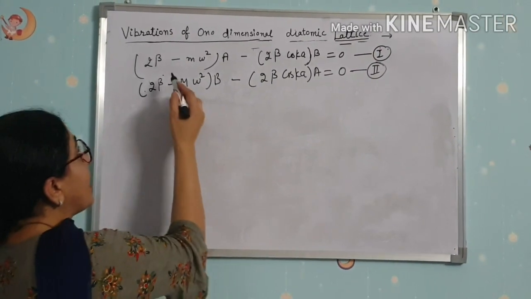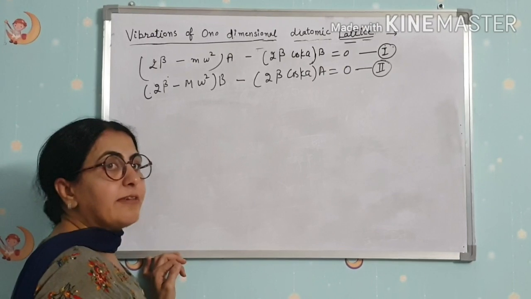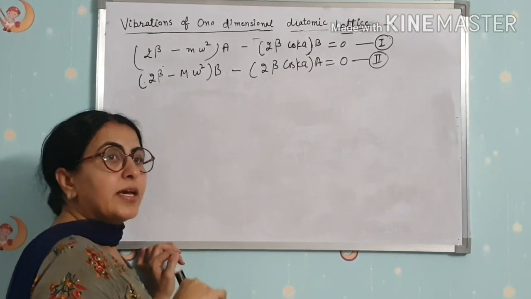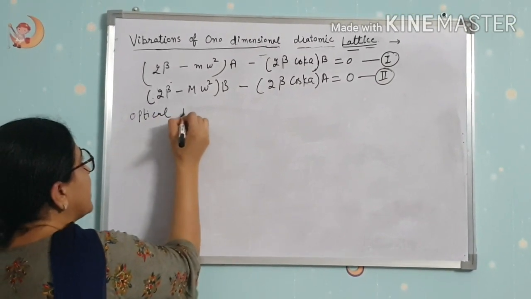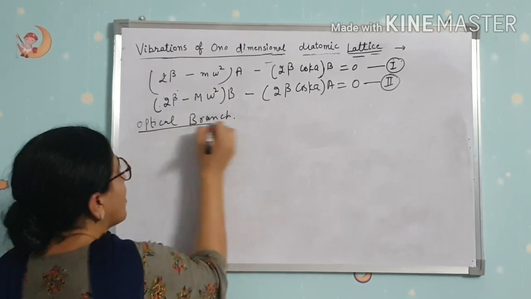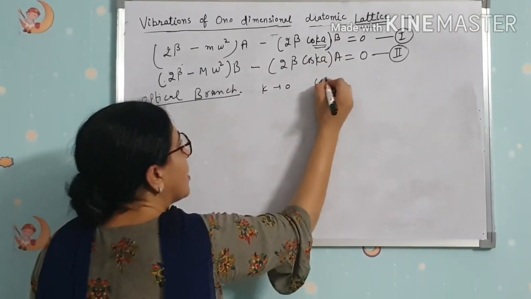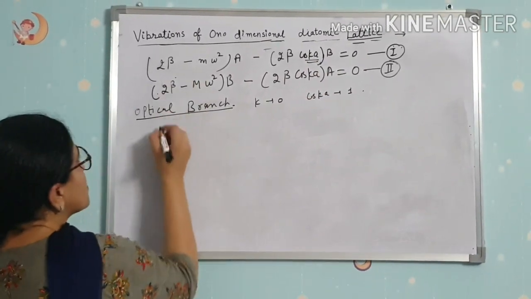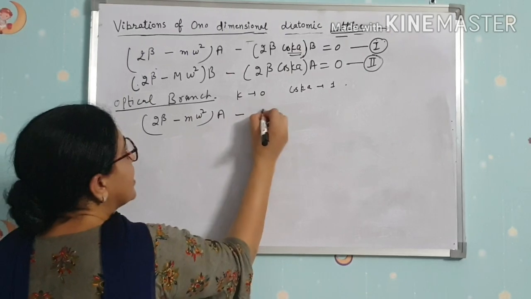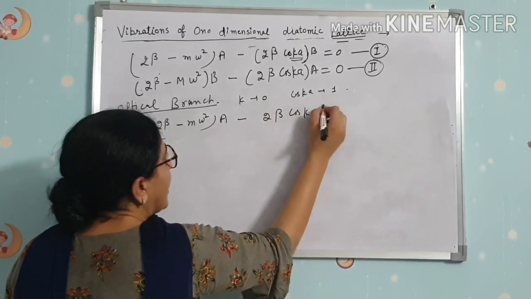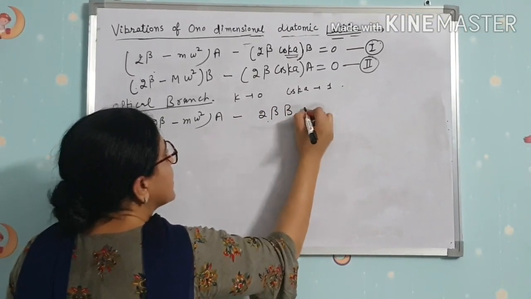At the start, we wrote these two equations, equation number first and equation number second. From these equations, we find the relation between A and B, first for the optical branch. For the optical branch, K approaches 0, so cos Ka approaches 1. Putting in these values: (2 beta minus m omega square) A minus 2 beta cos Ka B, cos is 1, so 2 beta B equals 0.